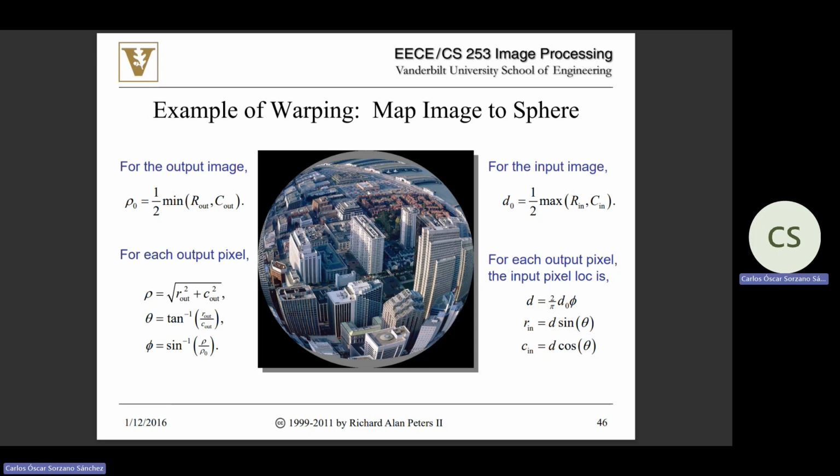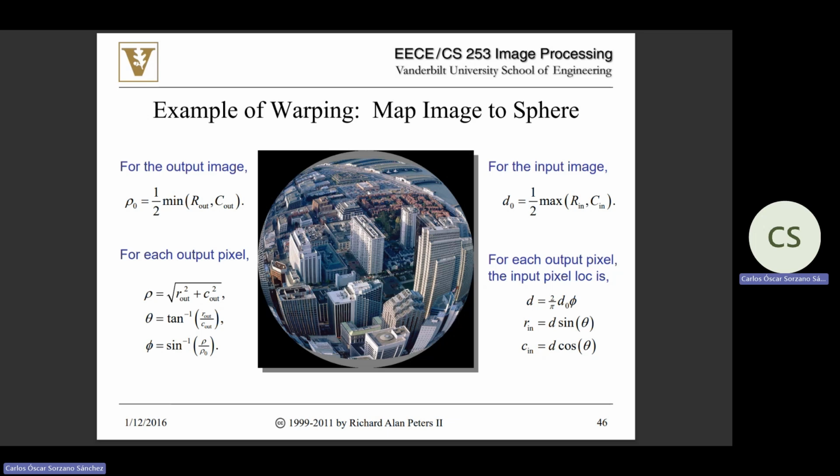Any question? How to do the transform in this? Yeah, in this particular example, you take a coordinate in the output, represented here as R out, C out. Then you compute this polar coordinate, the radius and the angle of that coordinate. You compute phi, defined as the arc sine of rho divided by rho zero.